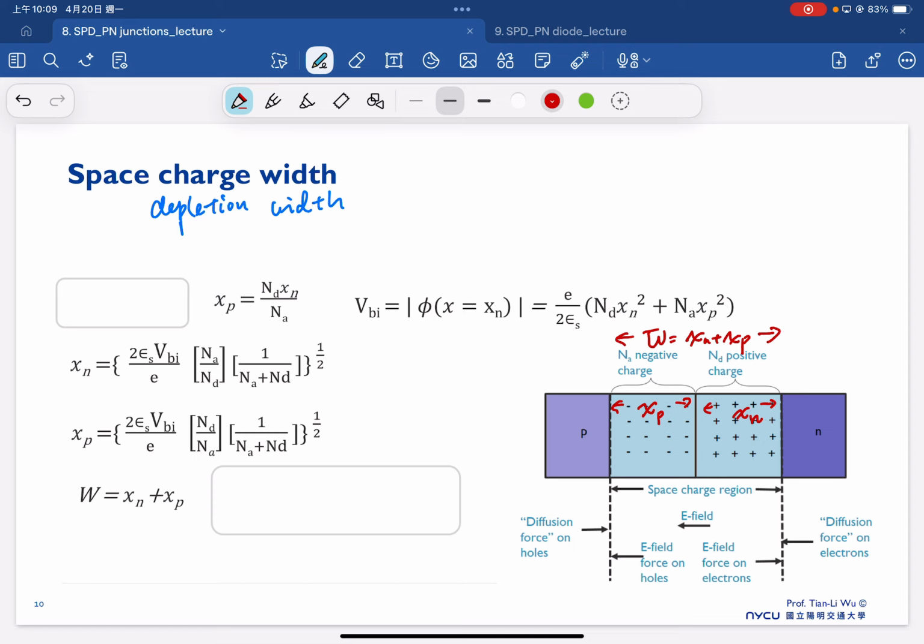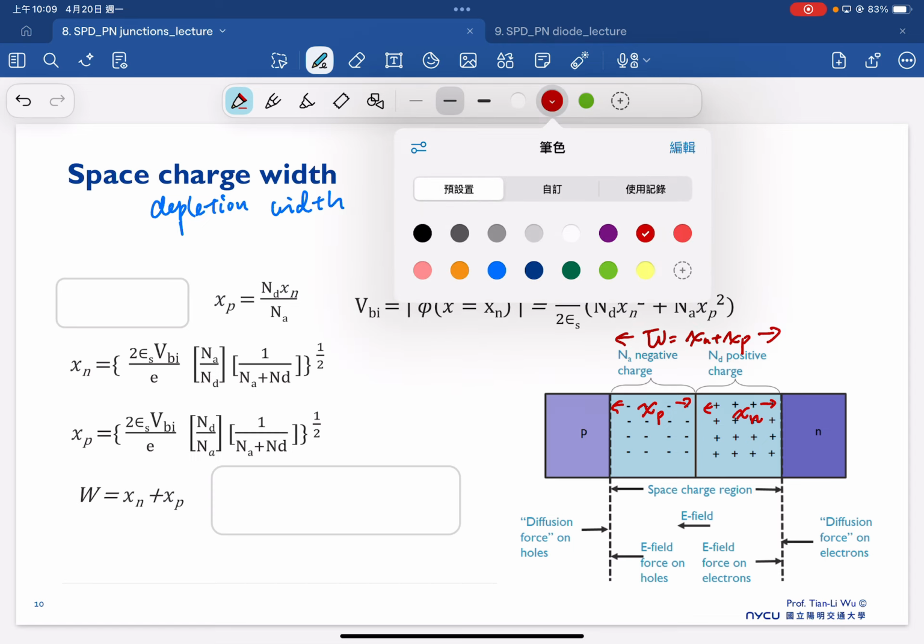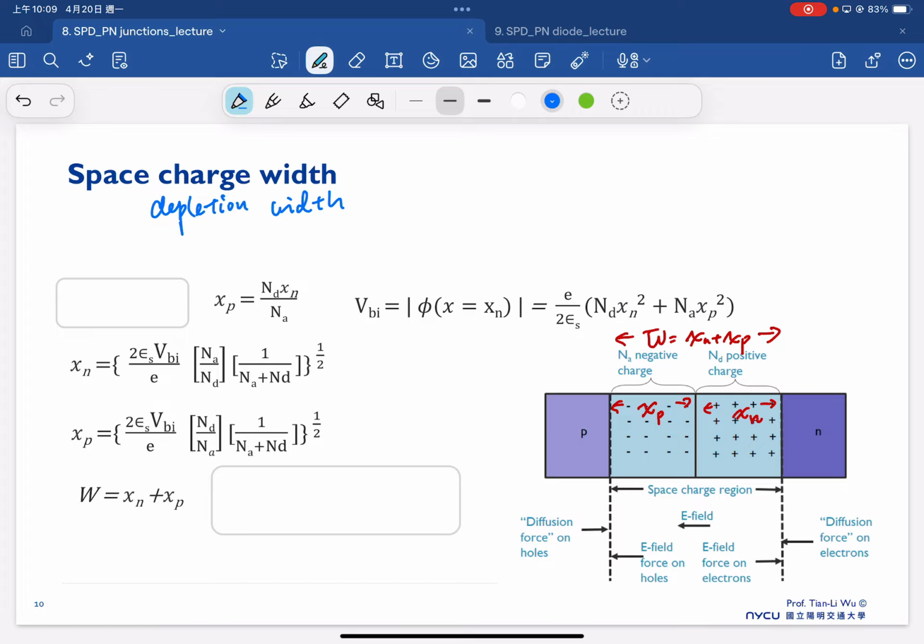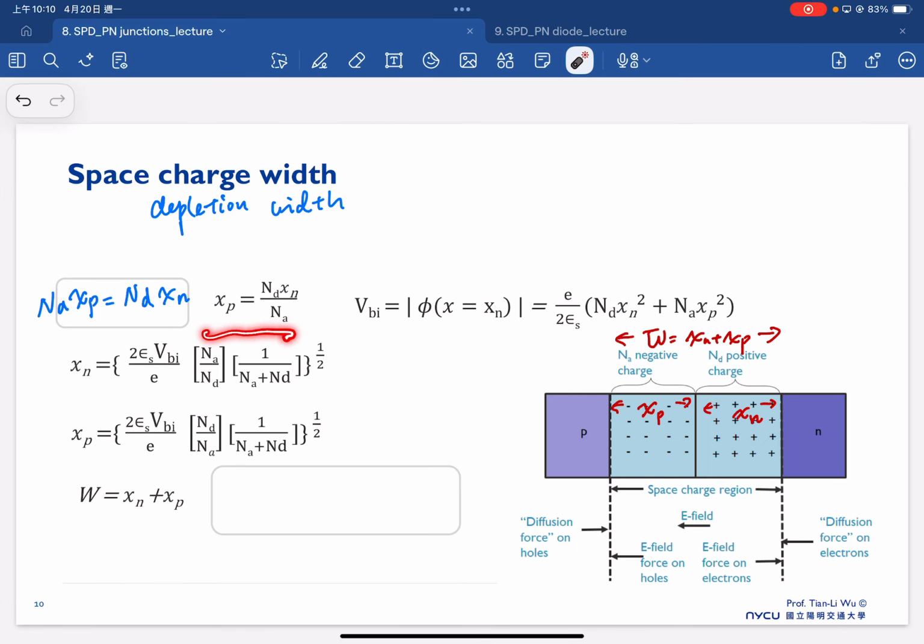And we're starting from this equation, where we already showed that NA Xp should be equal to ND Xn here.